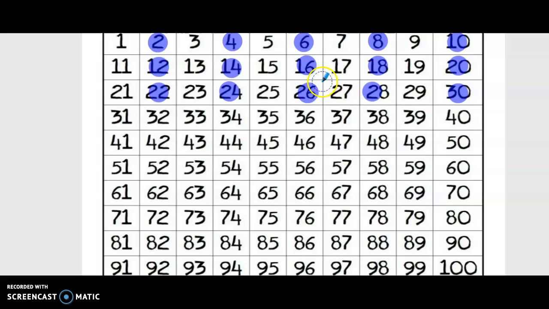What do you notice so far? We've put a marker on every place that's a 2 to skip count by twos. So what do you notice on the hundreds chart?